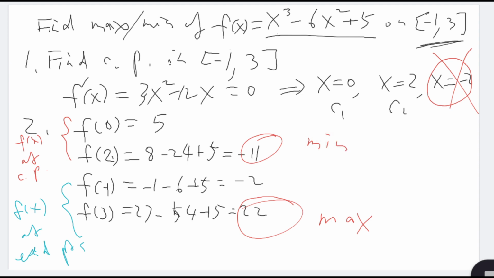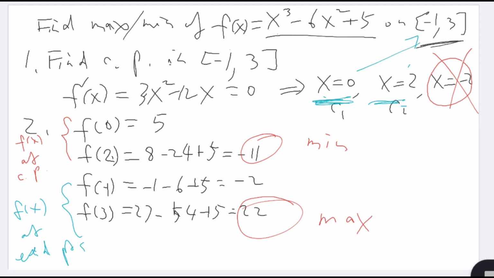Okay, it's pretty simple. So 2 steps. First step, you find the critical points by setting the derivative of the function to 0 and solving. Make sure you discard those that are not inside the interval. Part 2, evaluate the function at the acceptable critical points that are inside the interval.